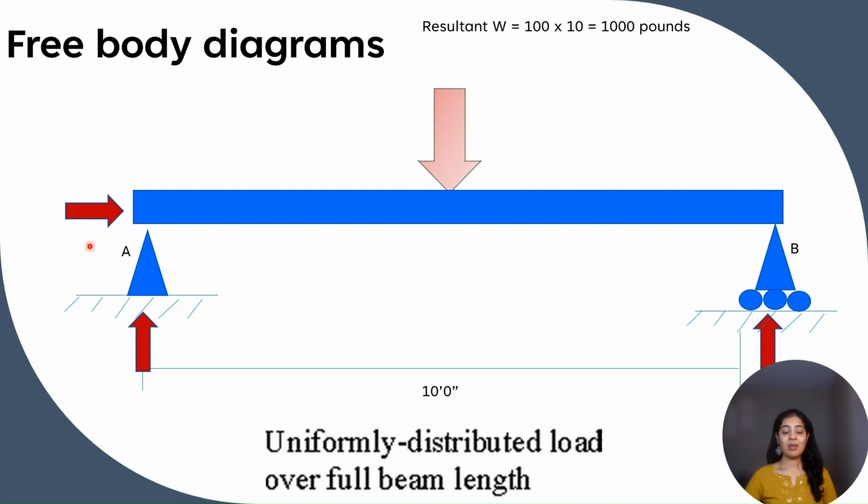Pin support will offer two reaction components, horizontal and vertical, and roller support will offer one reaction component, vertical. So this is the free body diagram.